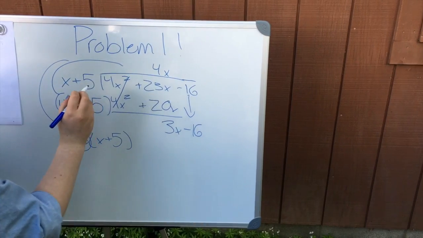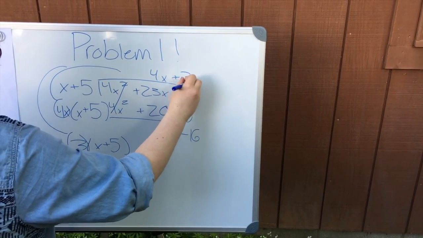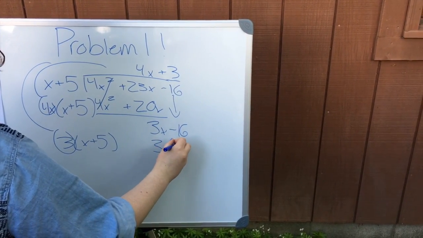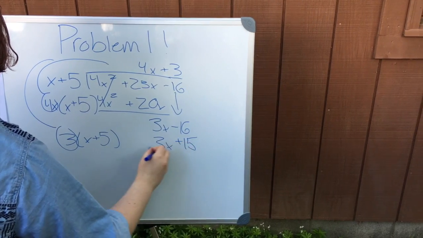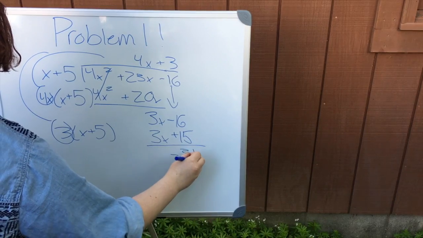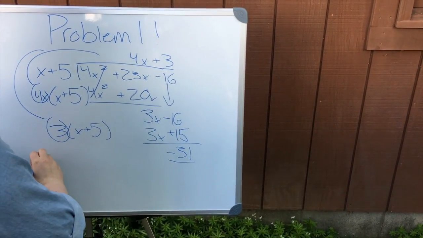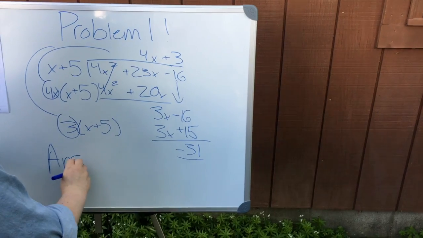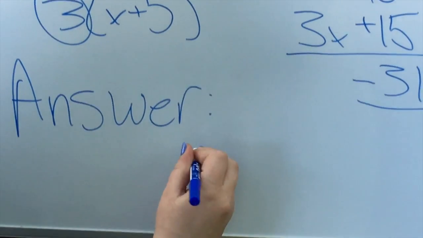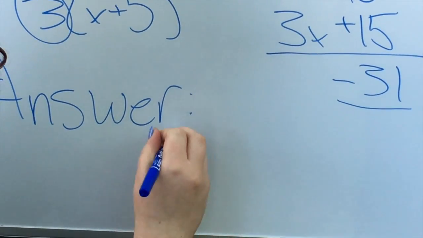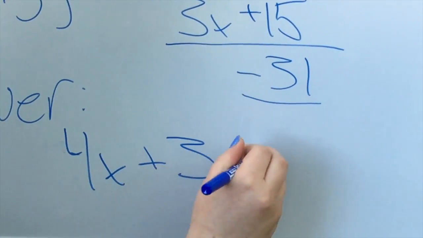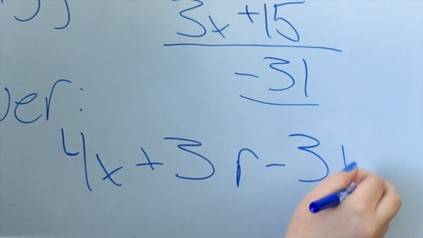You would then multiply x plus 5 by 3, move the 3 up to the spot in the answer, so you would get 3x plus 15, and you would subtract this as well. So your answer there would be negative 31, which is not 0, so you would have an answer of 4x plus 3, remainder negative 31.